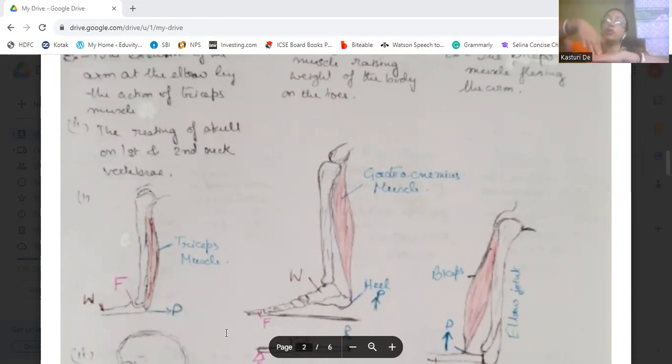And you are moving your foot like this, so about the fulcrum you are moving the feet. When you are moving the feet up, you are moving the power up, lifting your weight. And when we are moving it down, the power is going down and the weight is also coming down. So this is the second order lever.